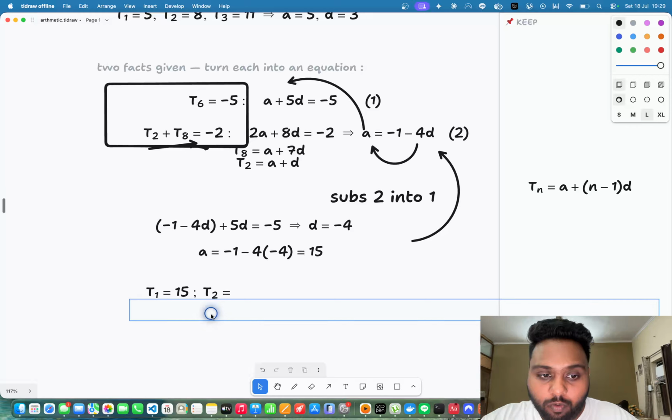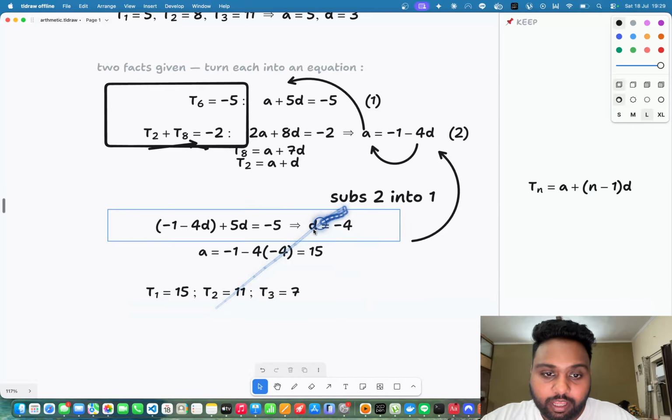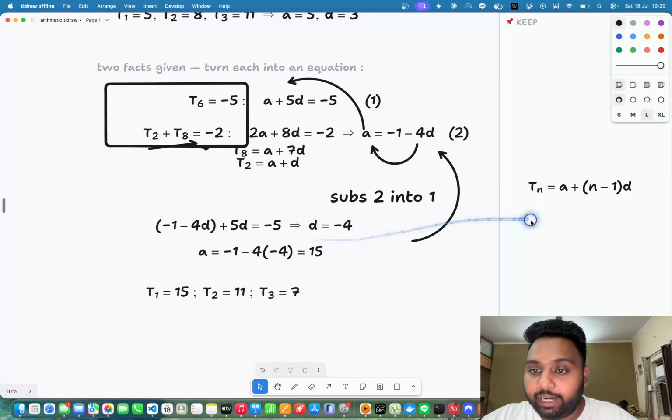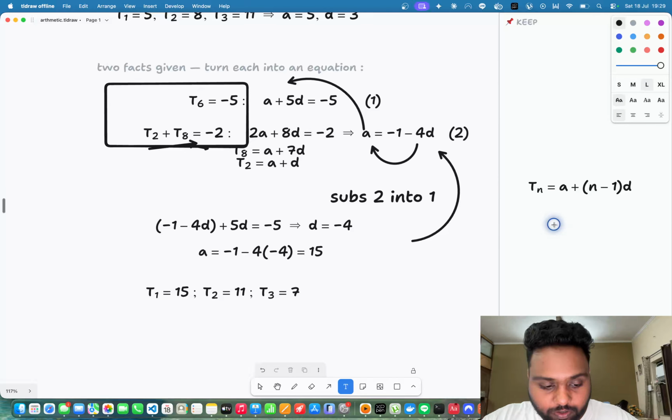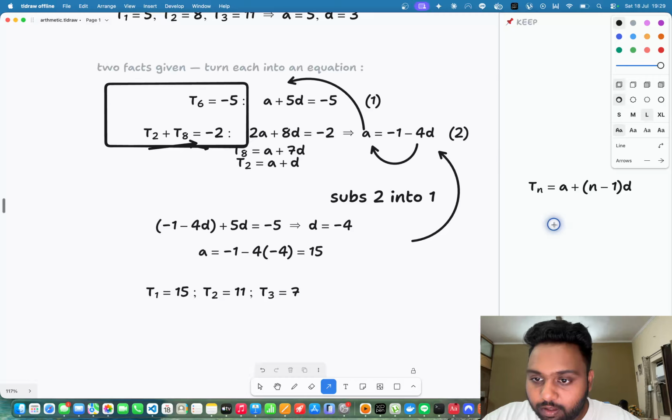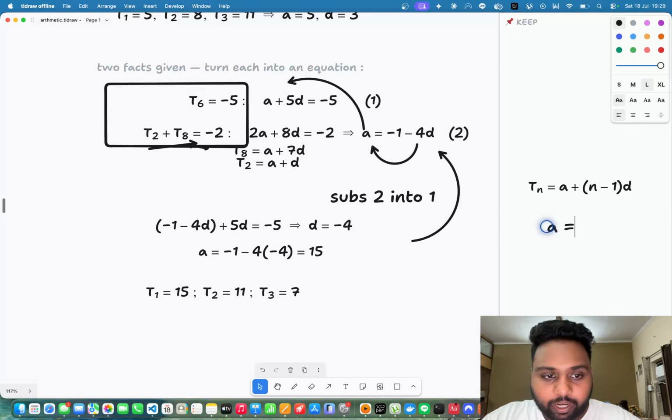Perfect. So now what I have is my perfect value of a and d. And using this value of a and d, if my value of a is equal to 15 and my value of d is equal to minus 4, I can now derive any term of this series.